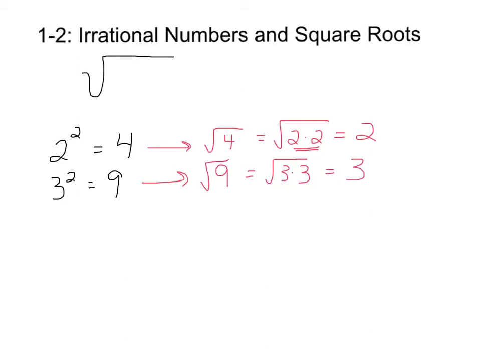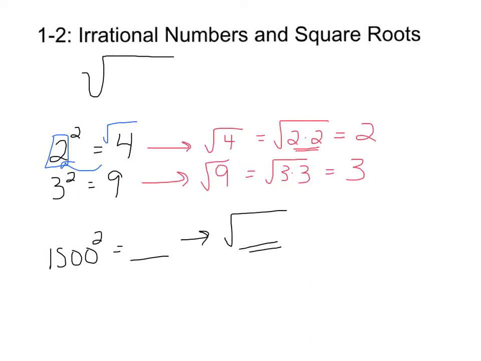So if I was to imagine, in a sense, taking the square root of this, I'm going to get back this base. So if I do 1500 being squared, I'm going to get some number. And then if I want to take the square root of that number, whatever that value is, I'm going to end up back with the 1500.